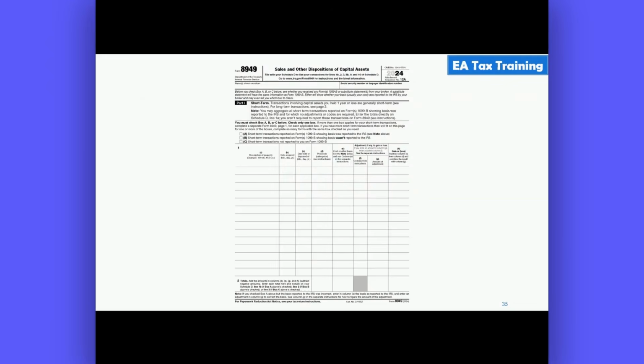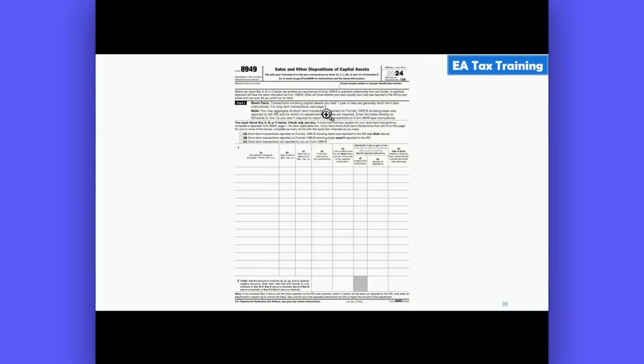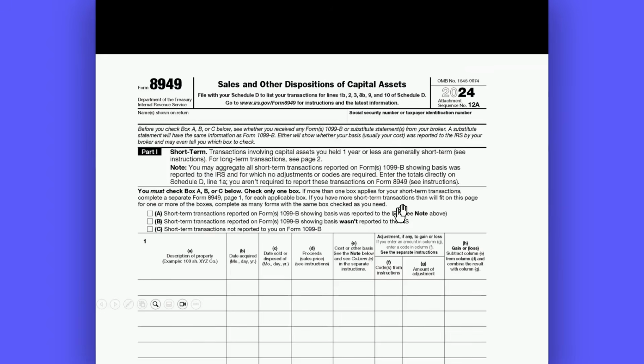So how do we report these sales and these gains and losses? Well, we start on this form 8949, and we're going to start with short-term transactions. And we're going to check a box here, either A, B, or C, and you can read what those are. A is these are transactions that were reported to you on a 1099-B.